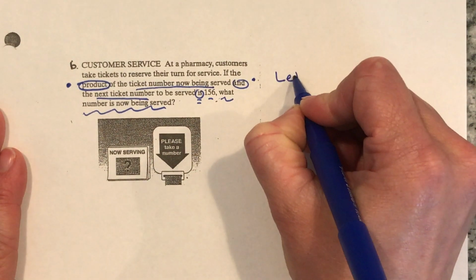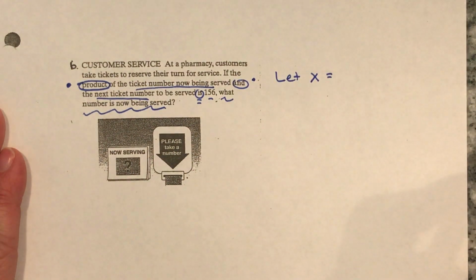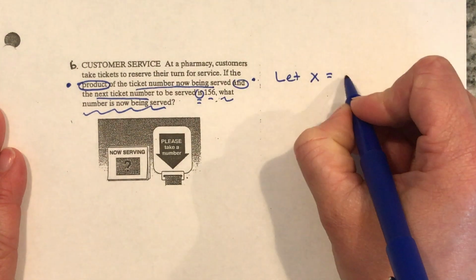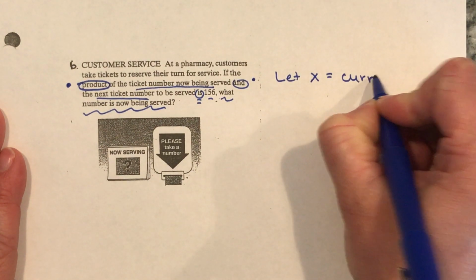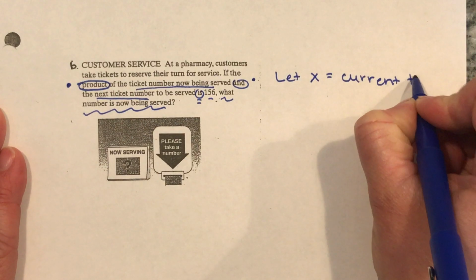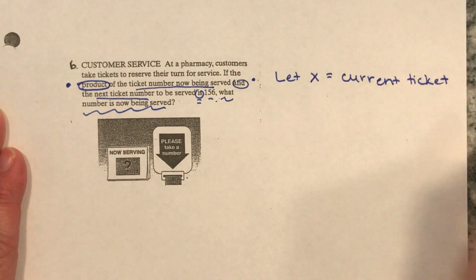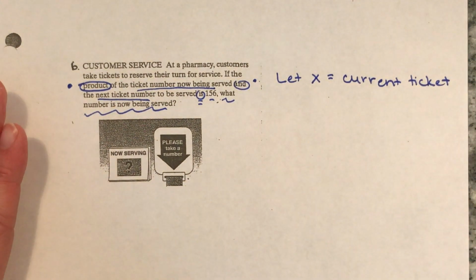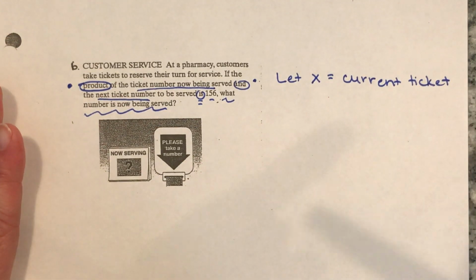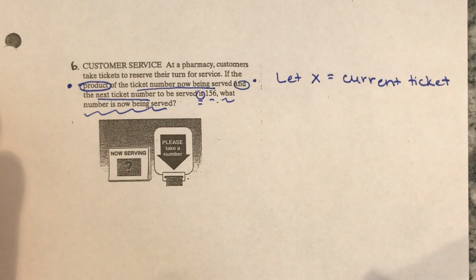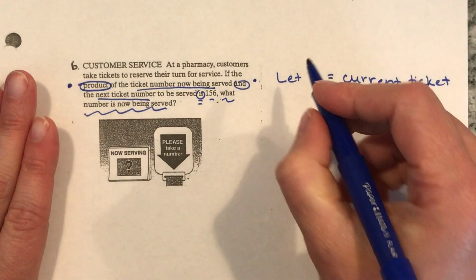So let x equal the current or now ticket. And if x is the ticket right now, the next ticket would be the next number. So it would be one more than our current number.